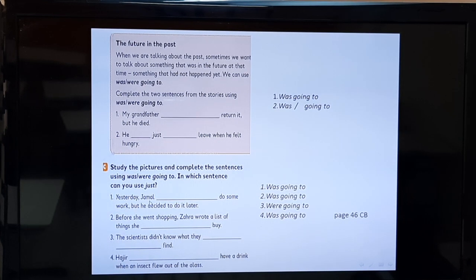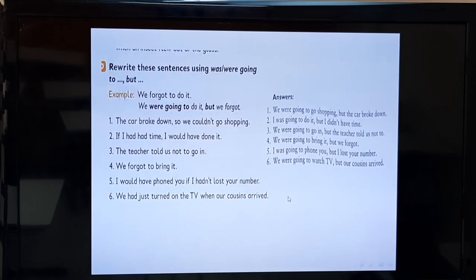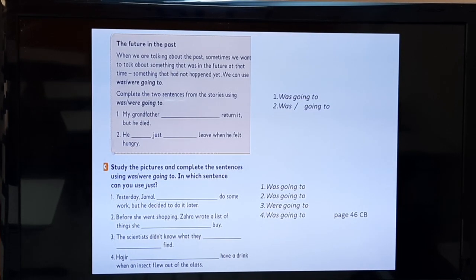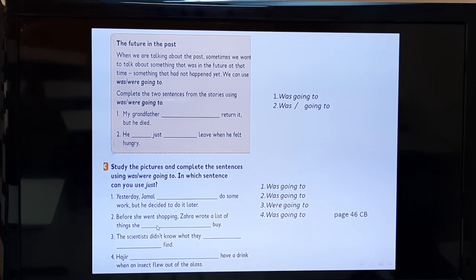Yesterday, Jamal, because we have Jamal, so we should use was going to do some work, but he decided to do it later. Number 2, before she went shopping, Zahra wrote a list of things she was going to buy. Be careful.